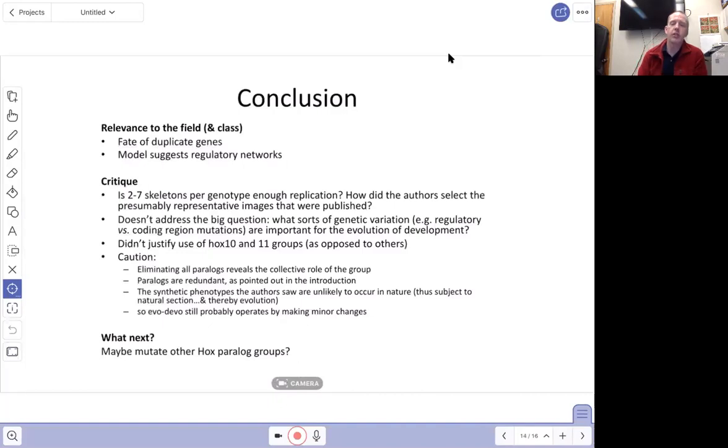A few other cautions: the authors did collectively eliminate all of the paralogs, so that tells us the role of the whole set of paralogs. But they also mentioned that the paralogs are redundant. Another thing to keep in mind is that these sets of mutations are unlikely ever to exist in nature.